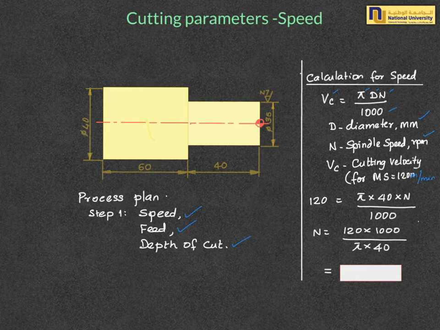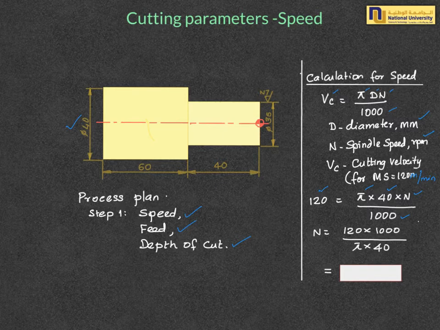So now substituting the known values, the cutting velocity of mild steel is given in the problem to be 120 meters per minute, and d is the maximum diameter 40. So 40 is substituted here, along with pi, and n is the unknown which we are going to calculate, divided by 1000. This is a unit conversion from meter to millimeter.